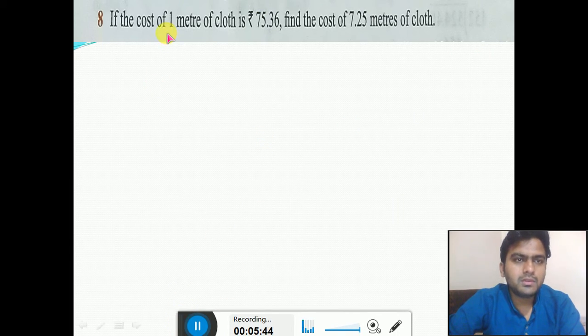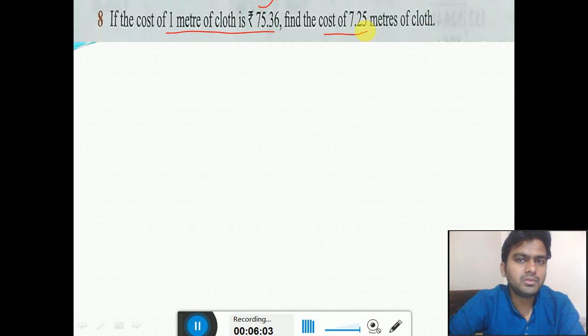If the cost of 1 meter of cloth is 75.36, find the cost of 7.25 meters of cloth.